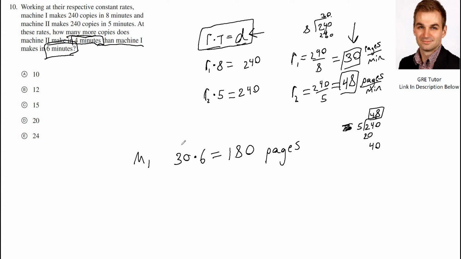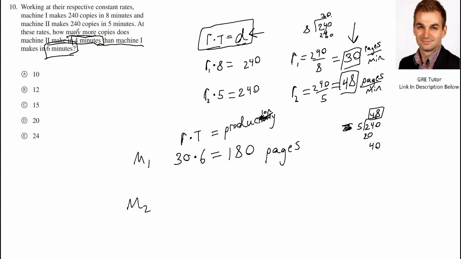Just so everyone knows, we just did the rate multiplied by the new time is equal to the new productivity. Let's call it productivity. Usually I say distance because I generally think of this in terms of a distance problem, but it's just the total amount they're able to produce. Or production might be a better idea. Alright, so that's machine 1.